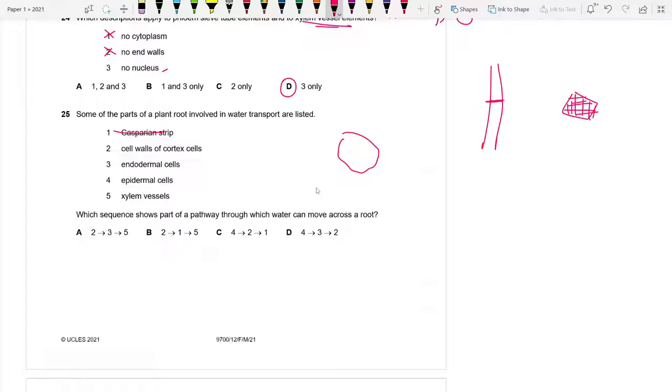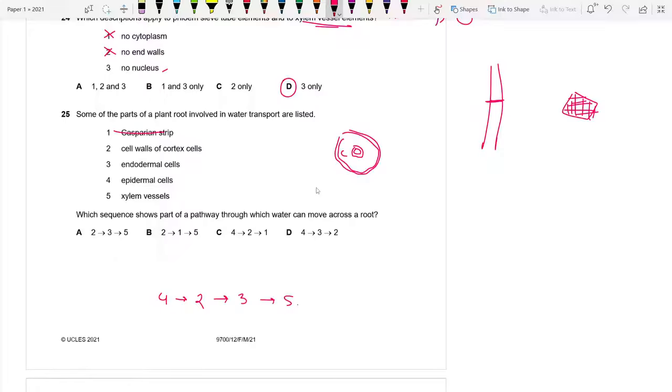So that's outside, then we have the cortex, and then the endodermis over here. So epidermis, cortex, endodermis. Logically, it should be 4 first, the epidermal cells, followed by the cortex cells, followed by the endodermal cells. We cannot pass through the Casparian strip, followed by the xylem vessels.